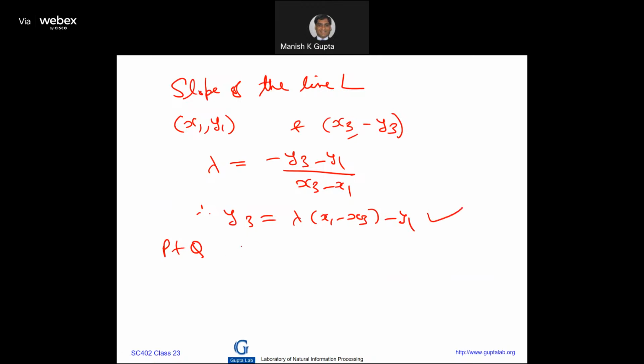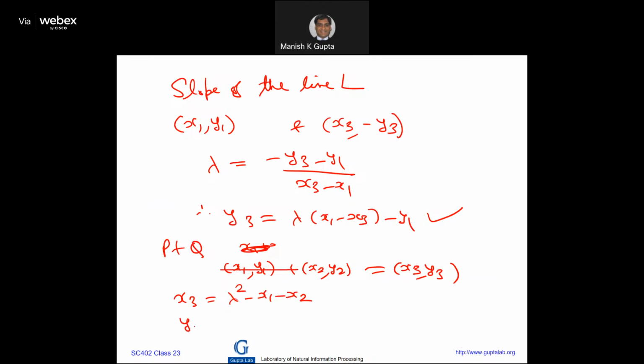So basically x1, y1 plus x2, y2 is equal to x3, y3, where x3 turns out to be lambda square minus x1 minus x2, and y3 turns out to be lambda times x1 minus x3 minus y1.